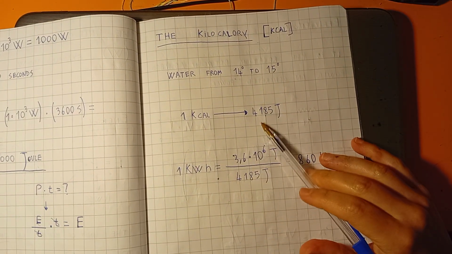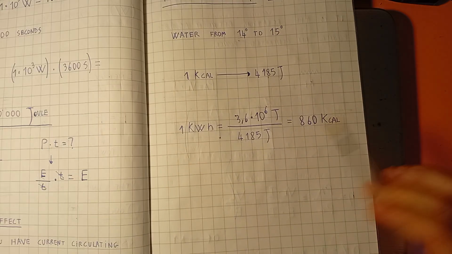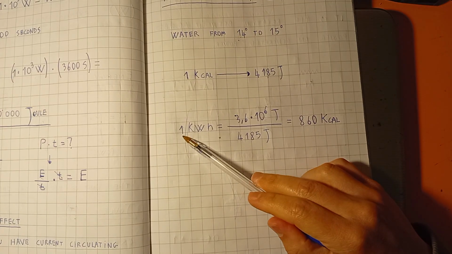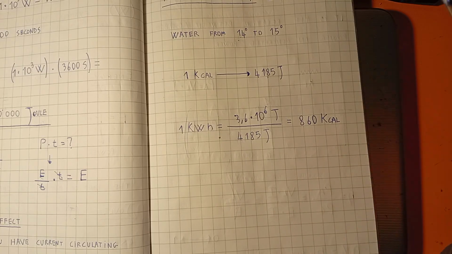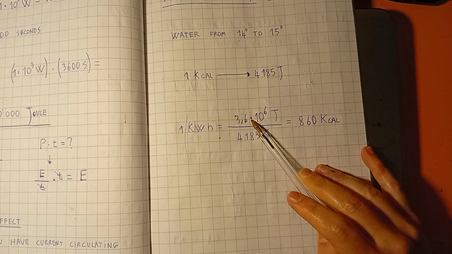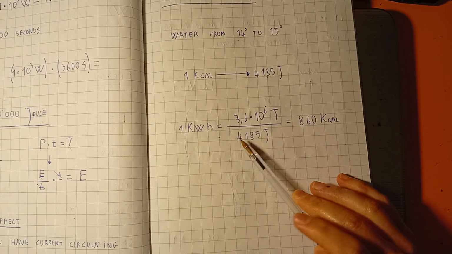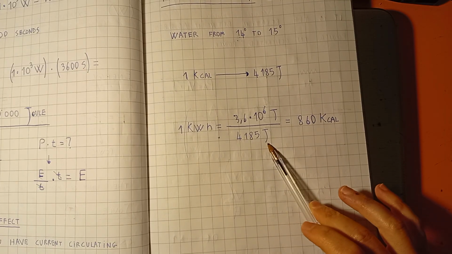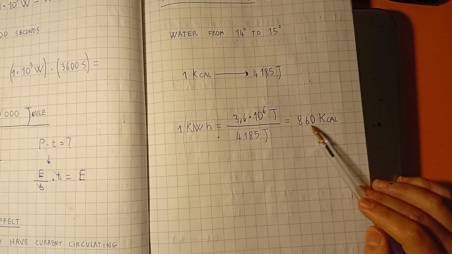1 kilocalorie is equal to 4,185 joule. So 1 kilowatt hour is equal to 3.6 multiplied by 10 to the 6, divided by 1 kilocalorie in joule, and I obtain 860 kilocalorie.